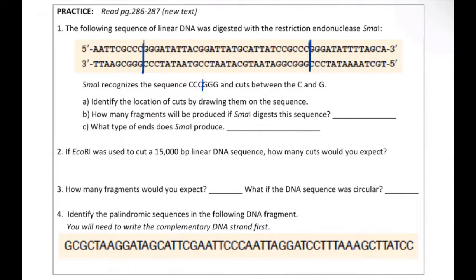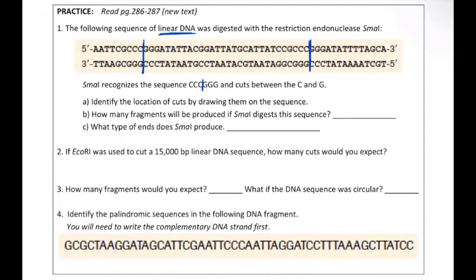Now, the next question says, how many fragments will be produced if Sma1 digests the sequence? Well, that depends on whether we have linear or circular DNA. What does the question tell us we've been given? Linear DNA. That's an important piece of information, because it means I've got a string rather than a loop.